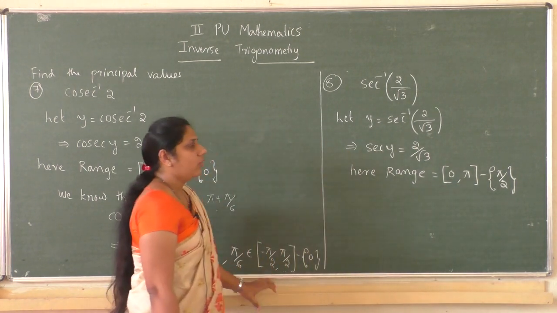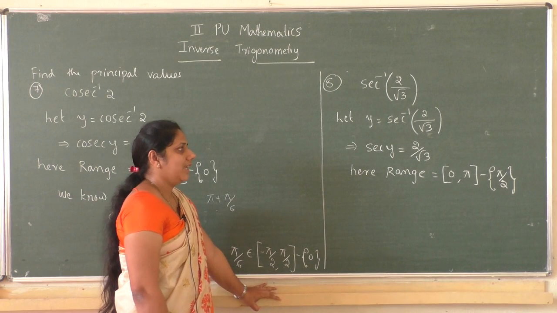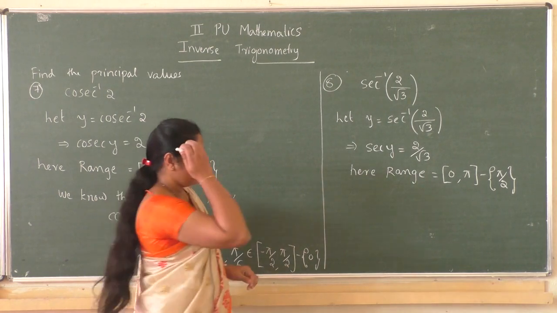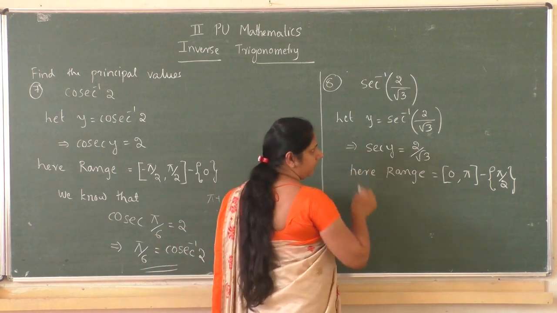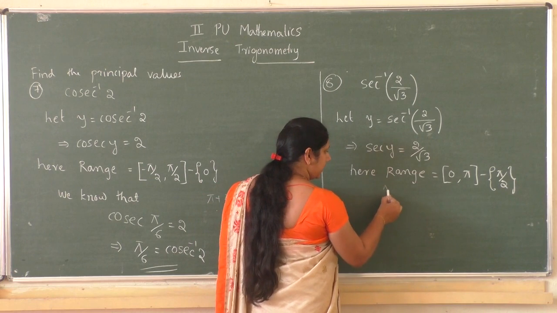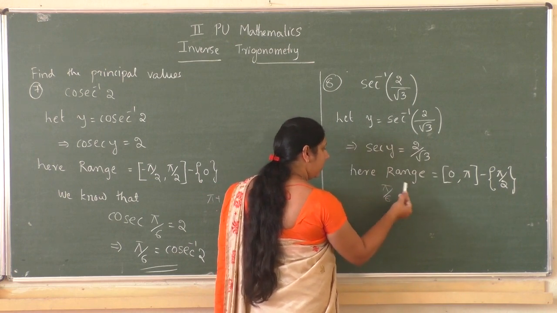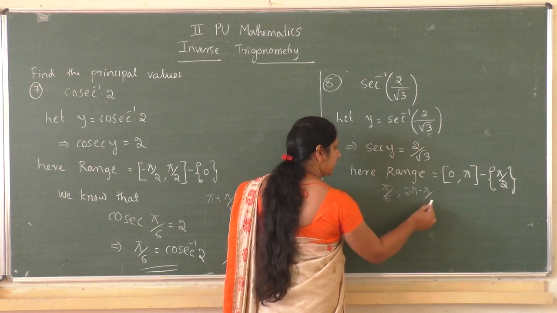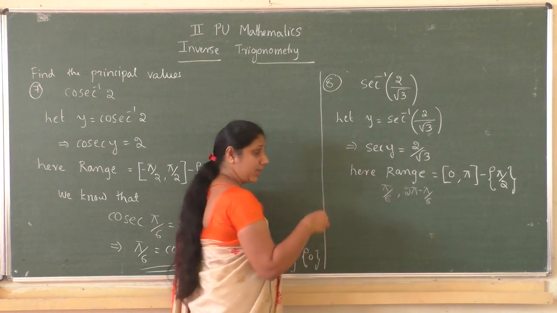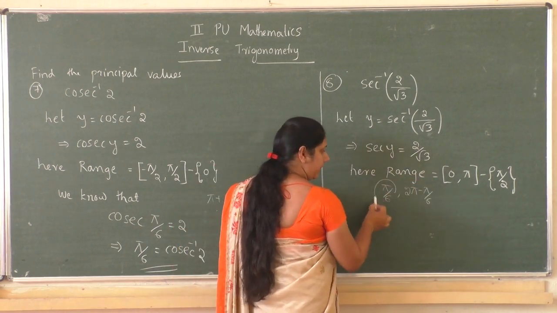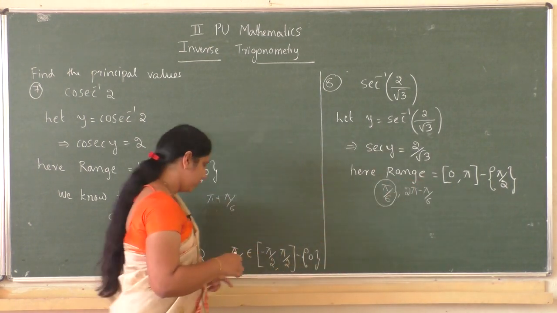Now check for what values of y sec y equal to 2 by root 3, 30 degree, right? So sec is positive in first and fourth quadrants. So one value of y is pi by 6, or in fourth quadrant the angle is 2 pi minus pi by 6, but the required value must belong to the range. So pi by 6 is the required value.